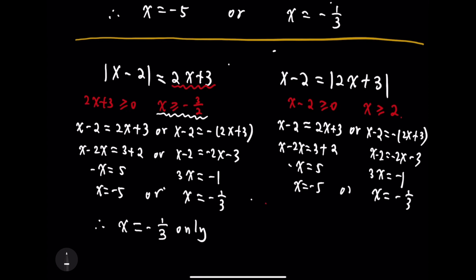Two answers, negative 5 and negative 1/3. Are they bigger than or equal to 2? None of them. So by considering this condition, I actually have no answer that satisfies it. So my final conclusion is there are no solutions for these questions.